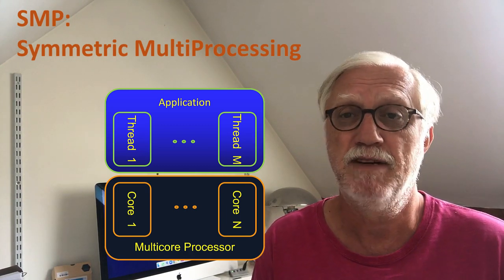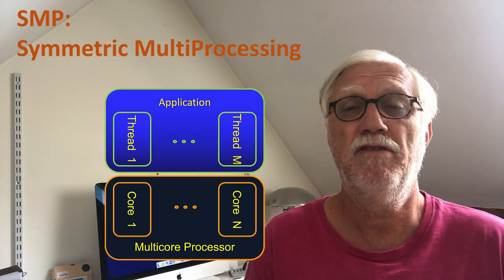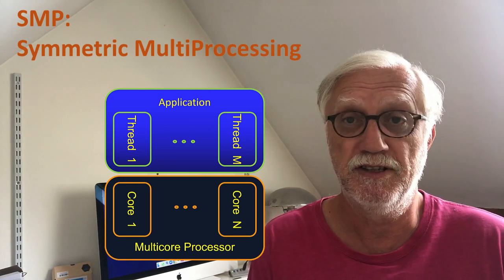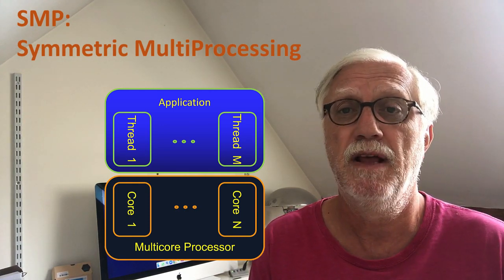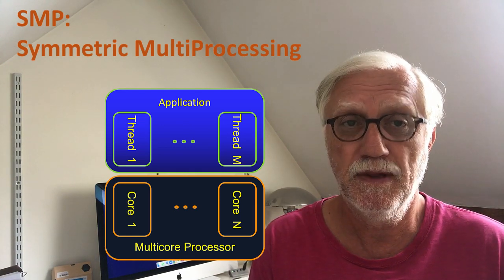As I emphasise, it must be a special version of the operating system to do that, and there are SMP versions of several real-time operating systems, including our own Nucleus product, and there are SMP versions of Linux.